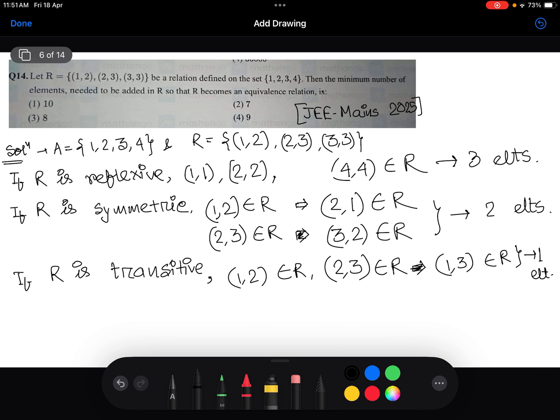Now see, this is where the error occurs. We are taking this, everything is fine. For reflexivity we have 3 elements, for symmetricity we get 2 elements, and for transitivity we have 1 element.